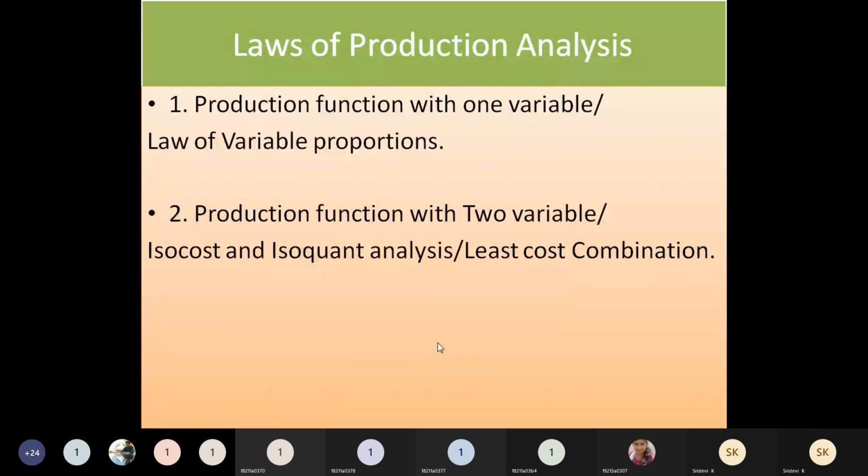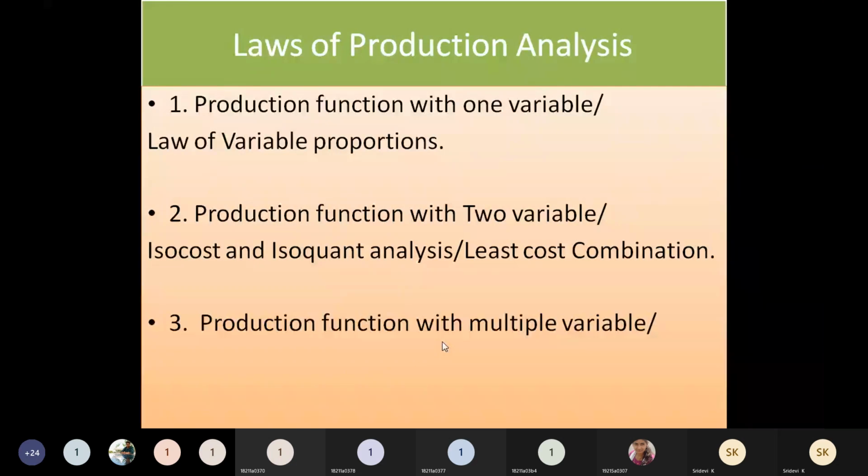Whenever you are going to use two inputs, how can you use both the inputs to get maximum output? That is the least cost combination. Okay. So isocost, isoquants, all these things we will see in the coming topic. This may also be called isocost, isoquant analysis, or least cost combination. If you see these, you have to explain about the production function with two variables.